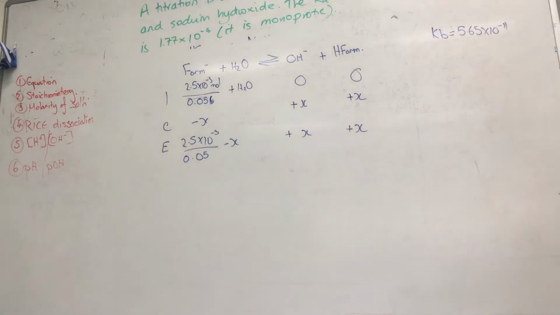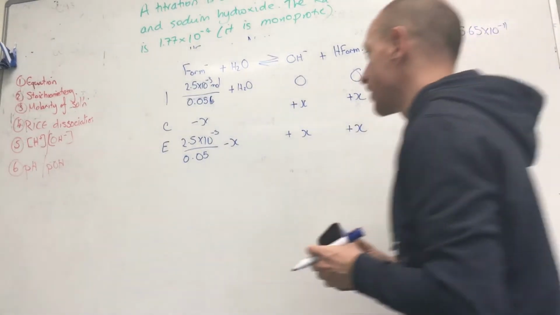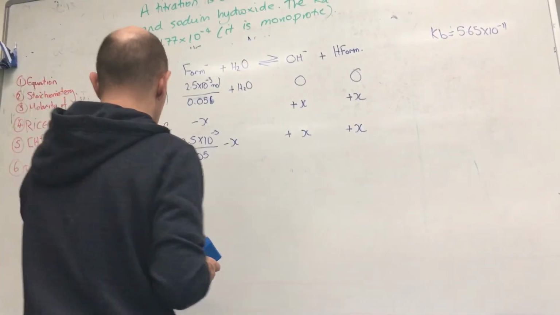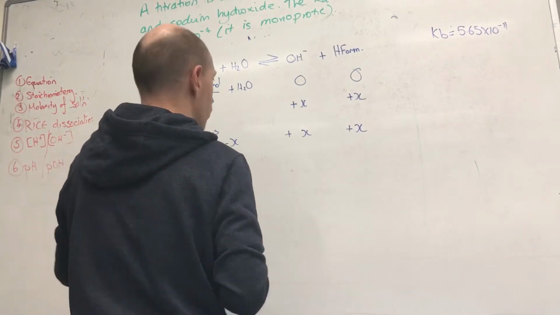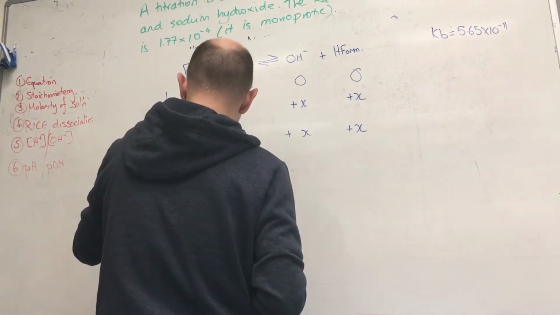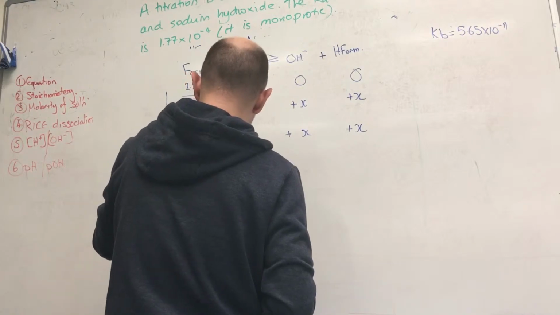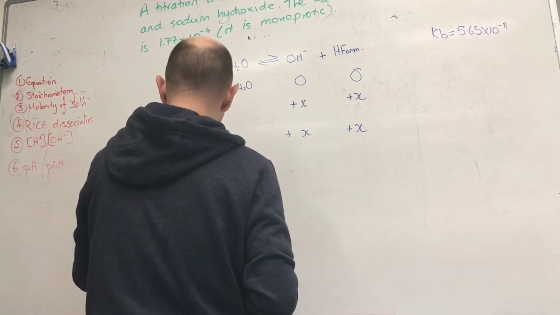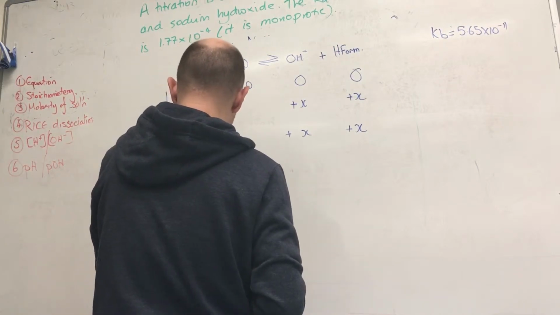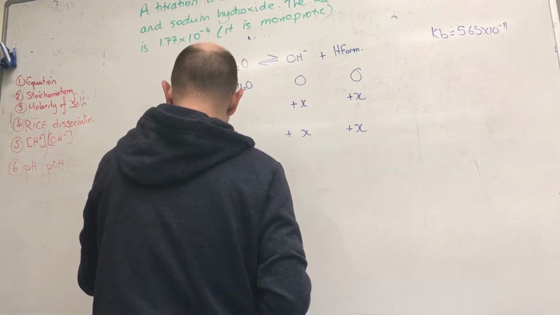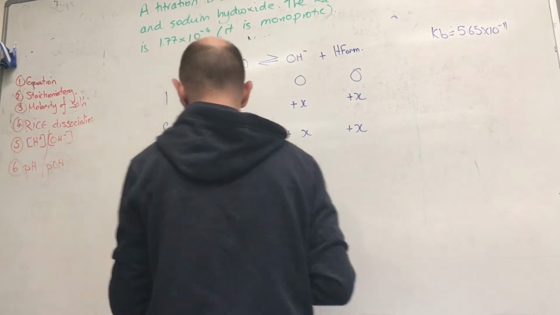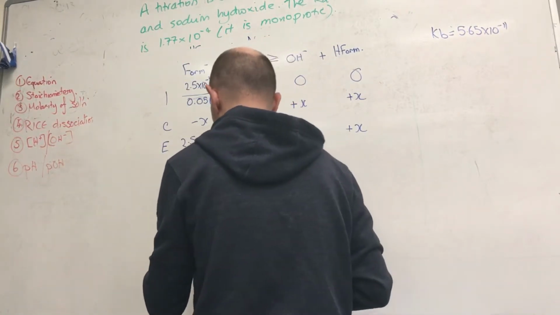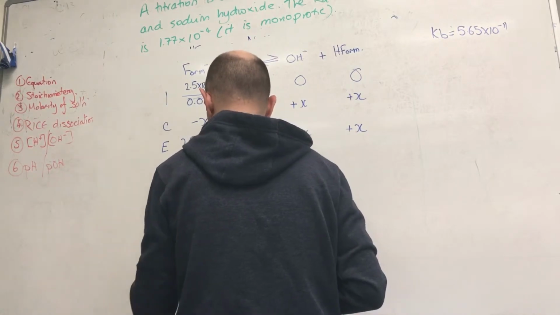Now Kb is very, very small, so we can use the approximation here. So then what we say is that Kb is equal to x multiplied by x over 2.5 times 10 to the minus 3 over 0.05.